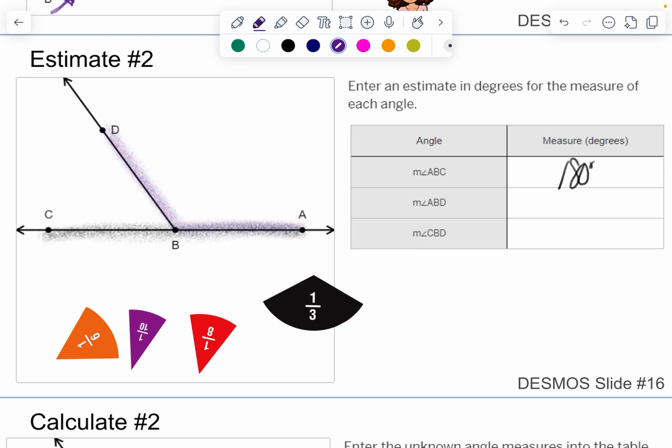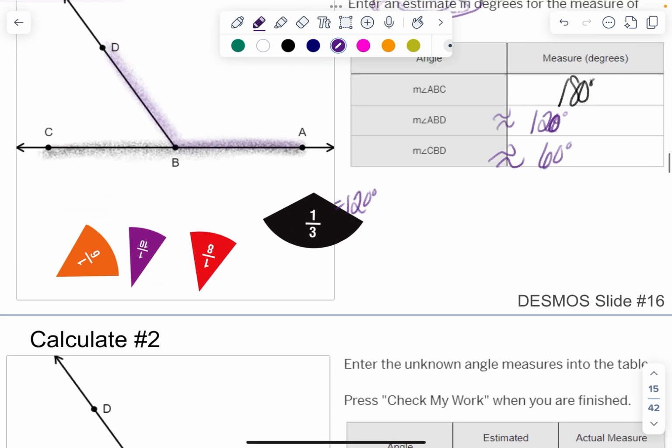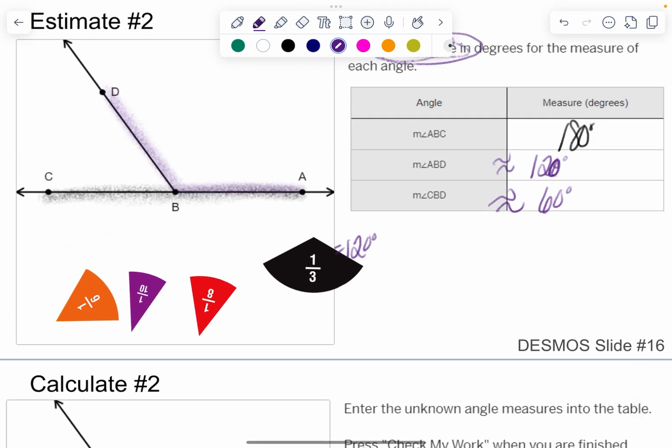So this piece right here equals 120 degrees. So we could estimate this at about 120 degrees, which would make this other one about 60 degrees. So we're just estimating that, and that was just to get you thinking about it. I thought pulling those pieces in would help. We know that's 120 degrees there, this one equals 60, this one equals 36, and 1/8 was 45. So that's how those pieces are going to help you with that.